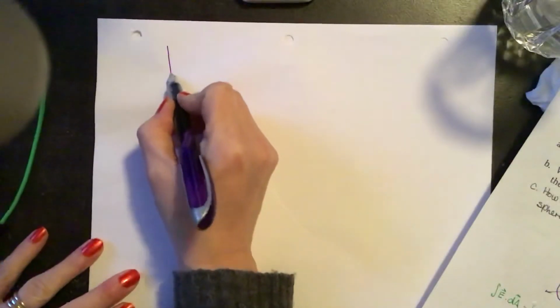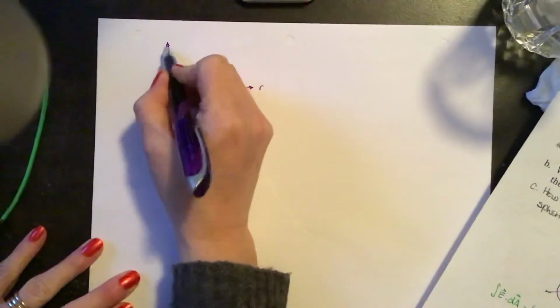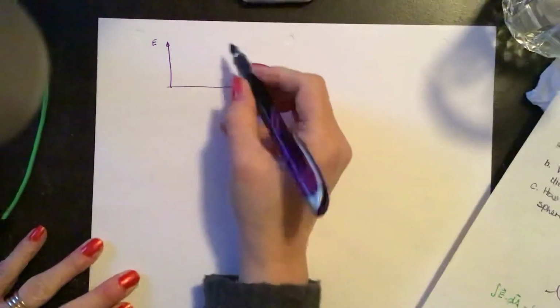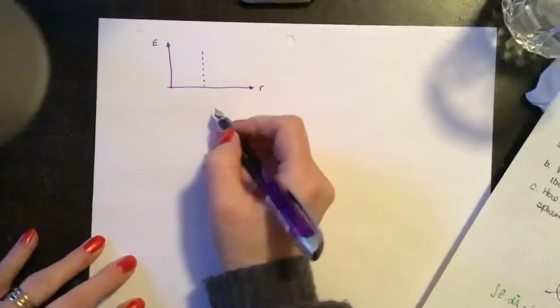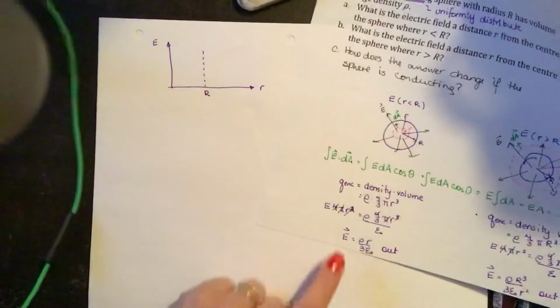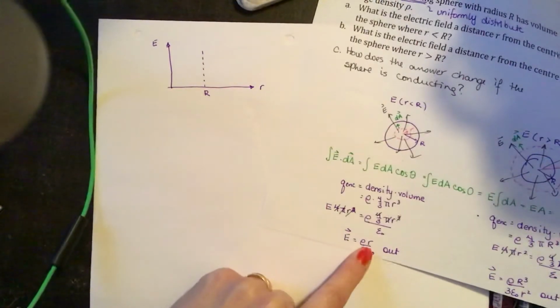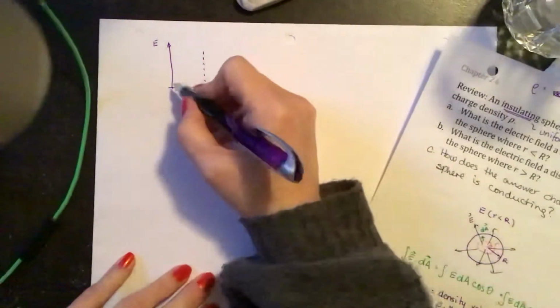If we were to plot the electric field as a function of distance from the center, this dashed line shows the radius of the sphere. Inside the sphere, the electric field is proportional to the distance from the center, so that's linear.